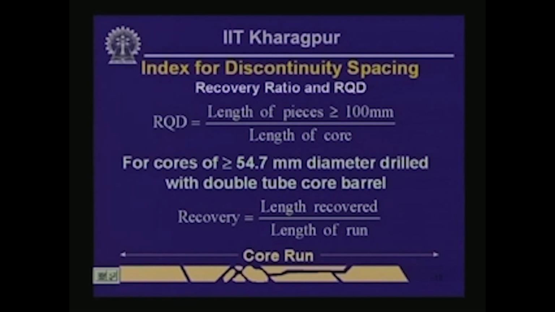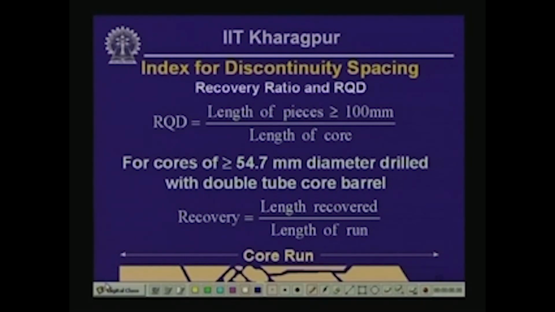Then the recovery ratio, the second index, is given by the length of the core recovered divided by the length of the core run. So, in this case, let us consider the core sample near the bottom of this particular slide.